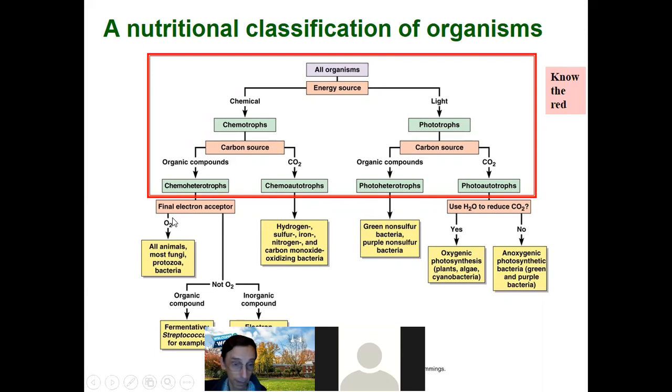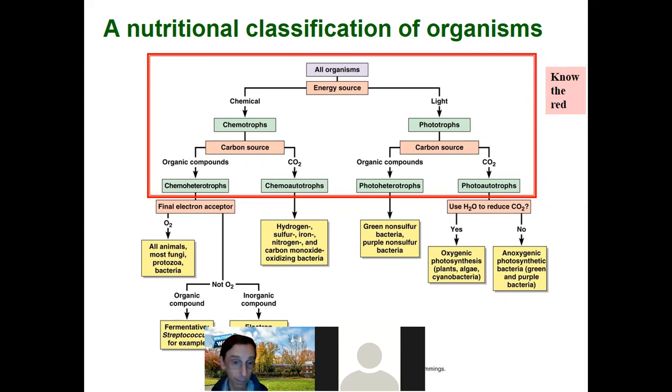And those are the aerobic chemoheterotrophs. And then there are some that accept their final electrons, and we'll talk about this in a little bit in the electron transport chain, the electrons don't flow to oxygen, they flow to some other molecule that's not oxygen. And those are the anaerobic respirers, meaning they perform anaerobic respiration, and they're a chemoheterotroph.